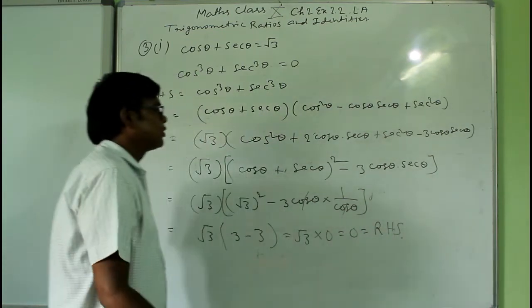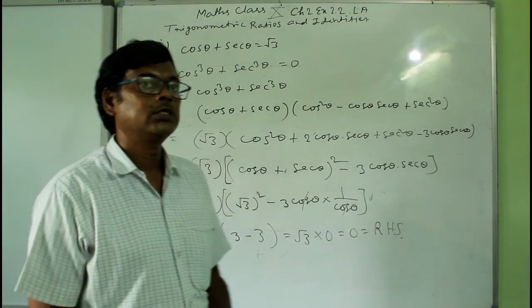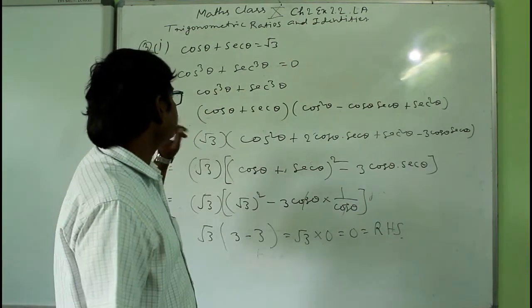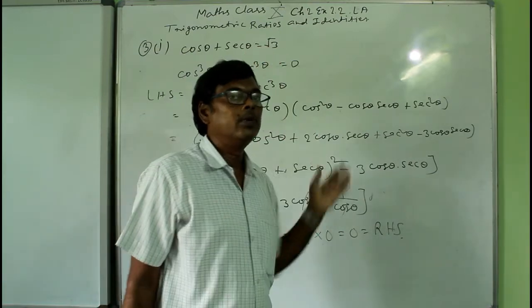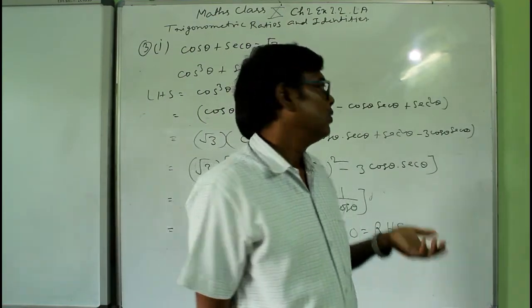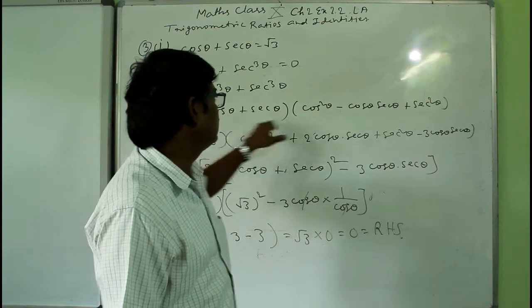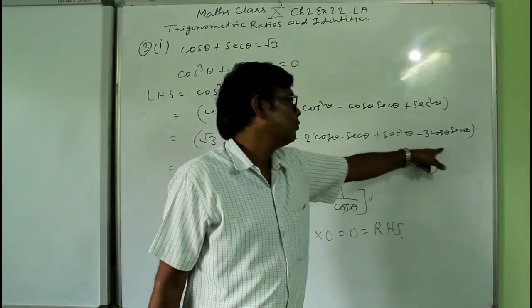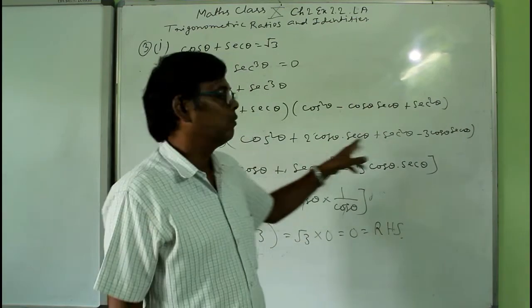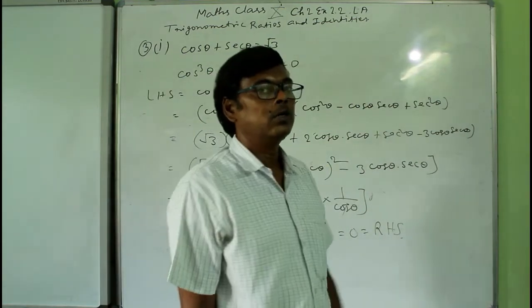So this is the answer of this question. Here first you have to remember the formula, that is A cube plus B cube. By this formula you will expand this, and then here is the trick. This step is most important, and if you don't remember this trick, then it is not possible to solve this question.